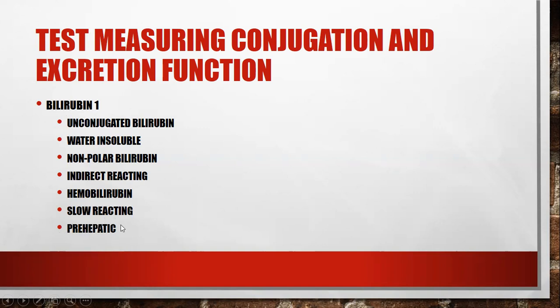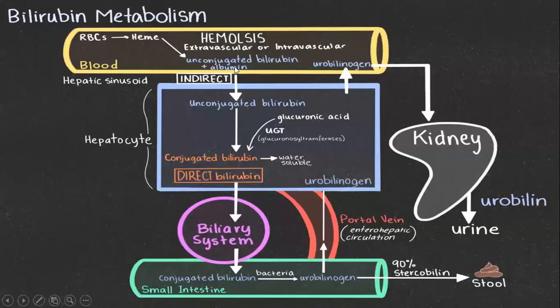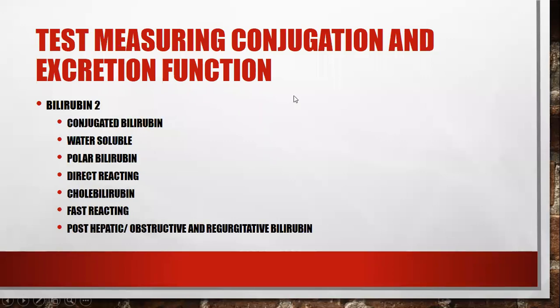Okay? Why prehepatic? Because this is usually produced in the extravascular or intravascular circulation. Whereas your direct bilirubin is produced in the hepatocytes. Your bilirubin 2 is also known as conjugated bilirubin. Okay? It is conjugated with glucuronic acid in the liver, as I have mentioned a while ago.